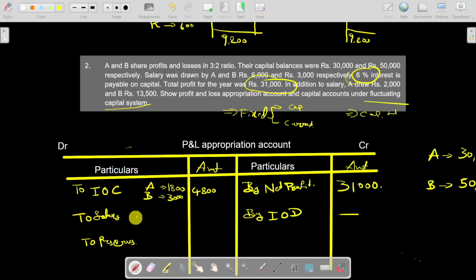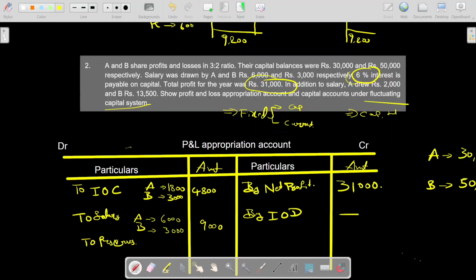Here salary is also taken by A and B. A is taking 6,000 and B is taking 3,000. So the total salary they are receiving is 9,000.